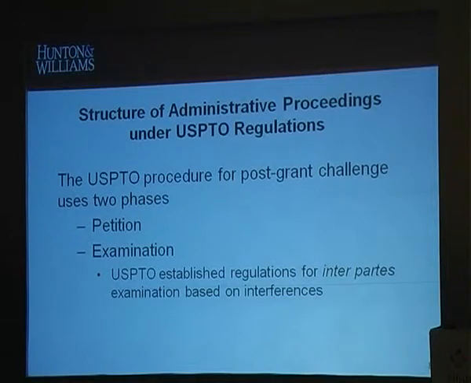This is when there's a filing of a request for challenge. The patent office then considers that filing and decides whether the threshold has been met. If so, they will institute an examination phase, and each of the different procedures has slight variations within these, but they all fit within this overall framework.